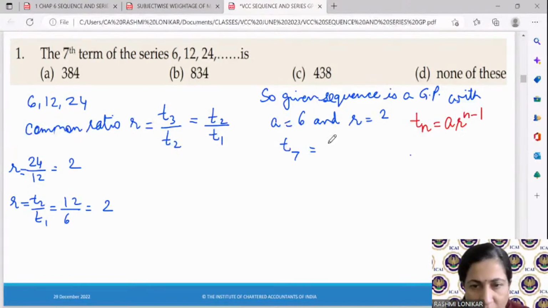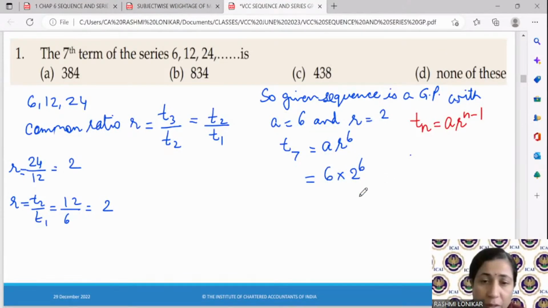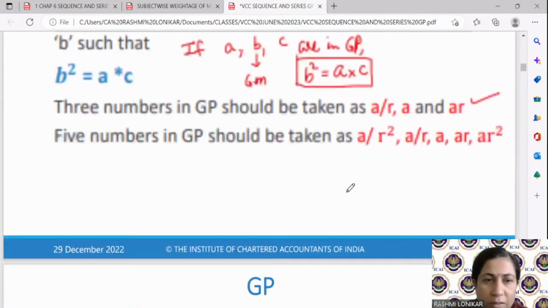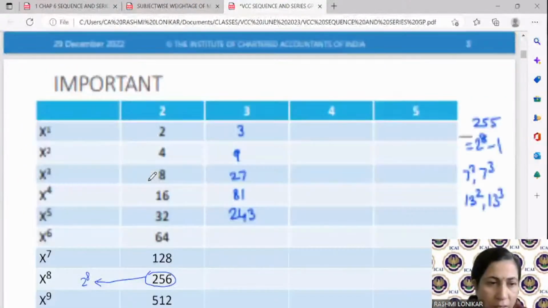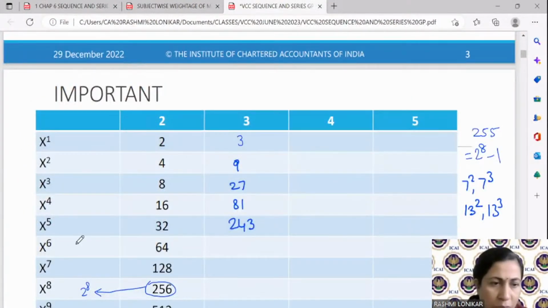So this will be equal to A R raised to 6 because 7 minus 1 is 6. A is 6 and R is 2. 2 raised to 6. For this only I have asked you to make this. I simply have to see 2 raised to 6. What is the value? 64.